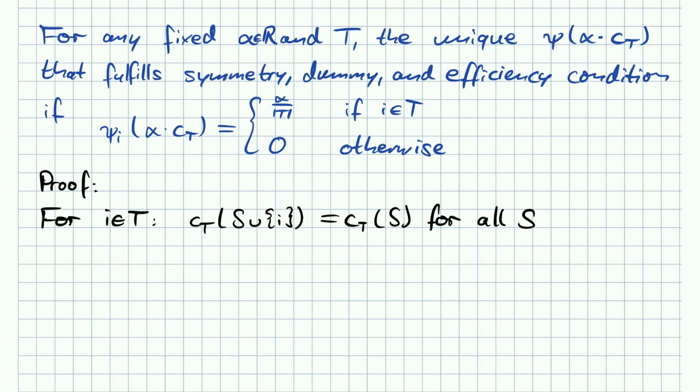And if I is not in T, then suddenly this does not make a difference. So this means that psi I of alpha times Ct will have to be 0 by the dummy condition.